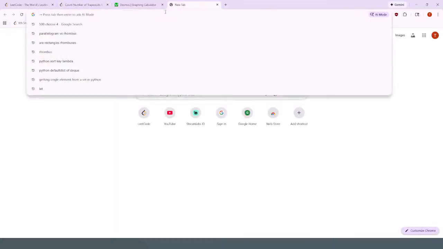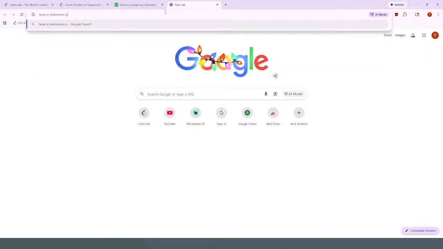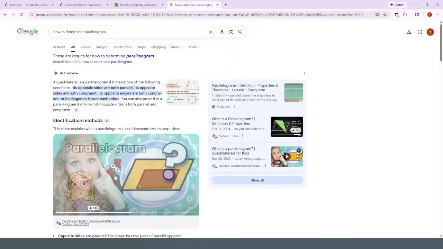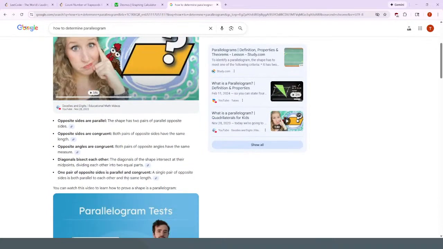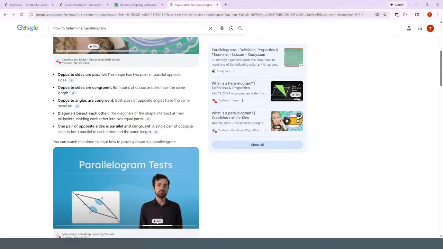Parallelograms. How do you determine parallelograms? What were the properties again? Maybe I'm missing something. Shape has two pairs of opposite sides.